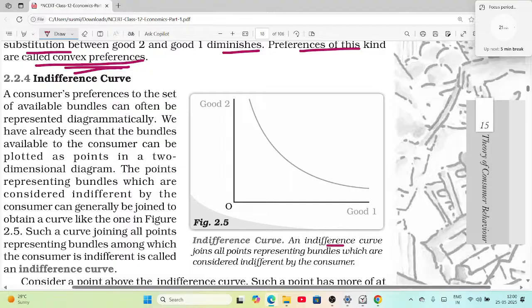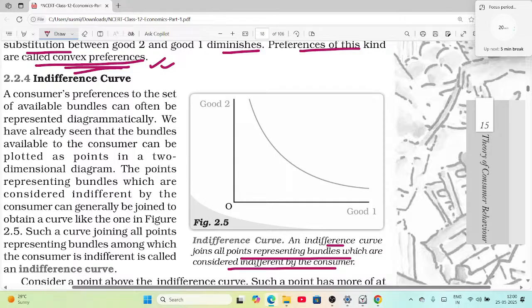An indifference curve joins all the points representing bundles which are considered indifferent by the consumer. This is important, okay, convex preferences. Consumer preferences over the set of available bundles can often be represented diagrammatically. We have already seen the bundles available to the consumer can be plotted as points in a two-dimensional diagram.